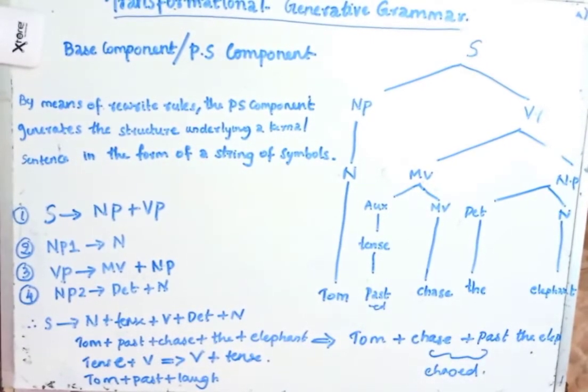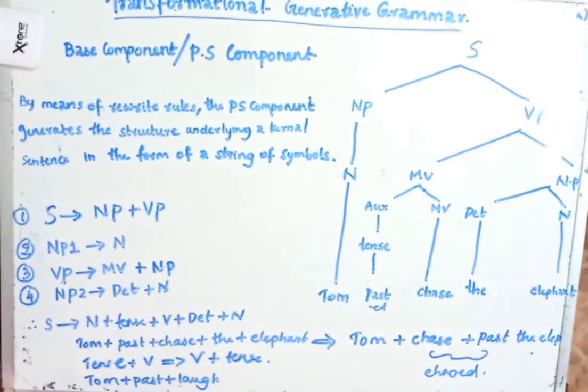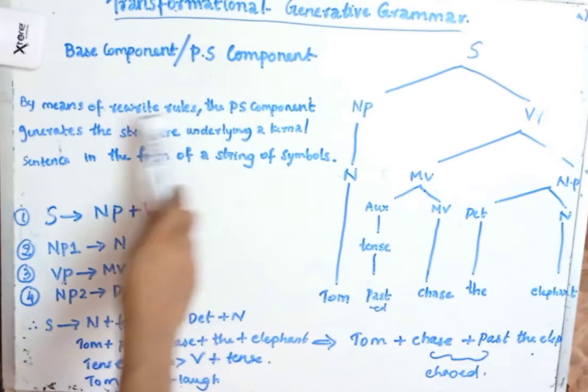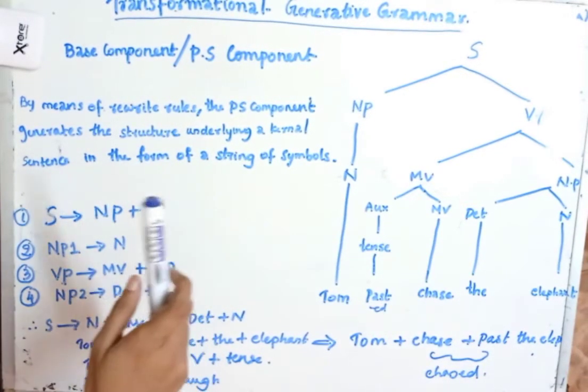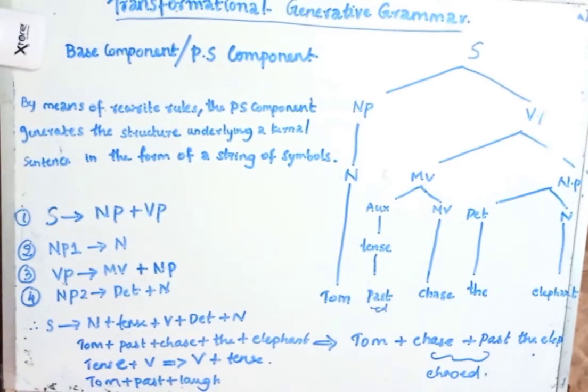Now let's talk a bit about the base component or PS component, also known as the phrase structure component. By means of rewrite rules, the PS component generates the structure underlying a kernel sentence, or a basic sentence.